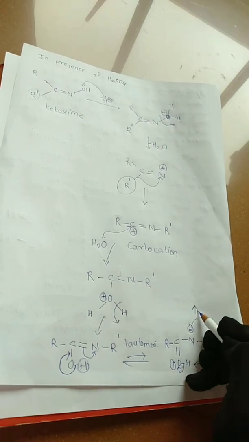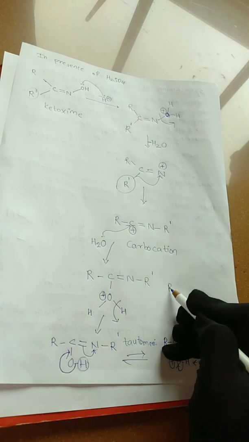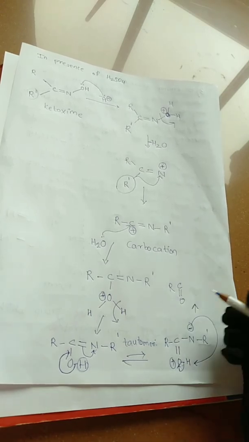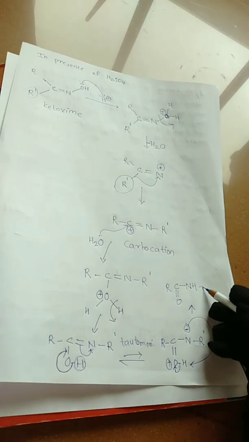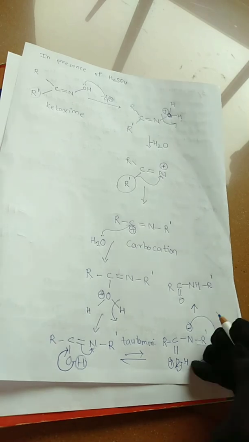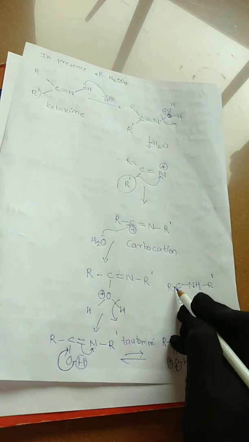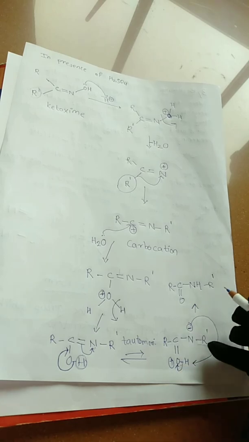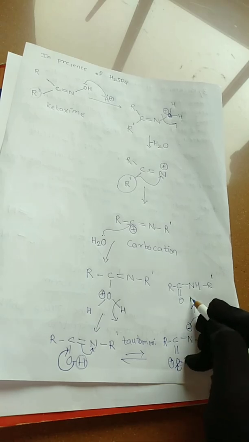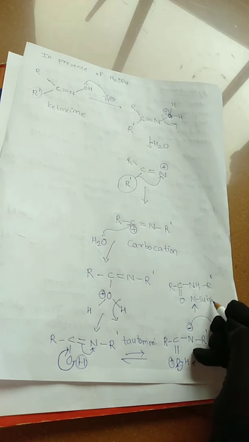So what we have is R, C double bond O, N H R dash. This is our amide. This is our substituted amide group. So this is our N substituted amide.